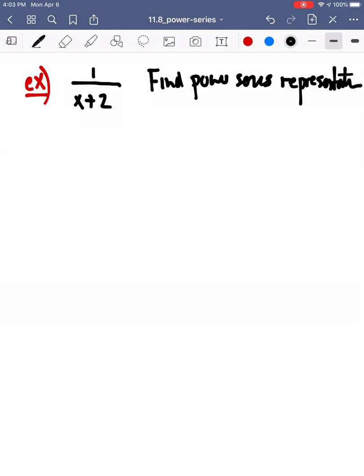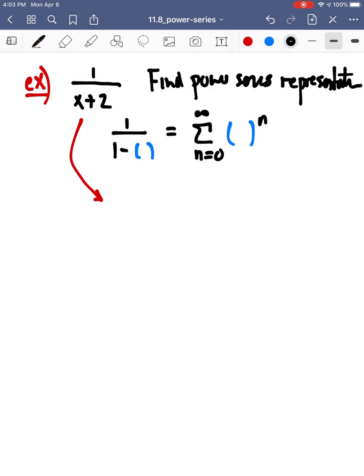So, again, what we're doing is calling upon our stencil. 1 over 1 minus something gives us that power series from n equals 0 to infinity of that something raised to the nth power. And this is coming from that function 1 over 1 minus x. So let's take this function that we're given and start moving it towards that stenciling form.